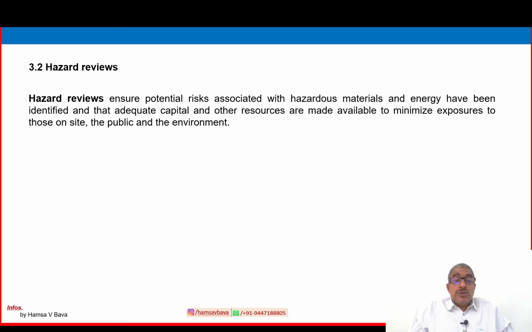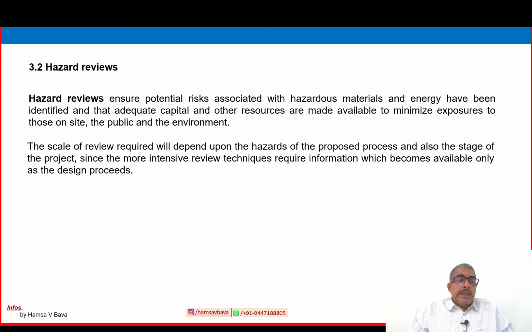It is very important. The scale of review required will depend upon the hazard of the proposed process and also the stages of the project, since the more intensive review techniques require information which becomes available only as design proceeds.